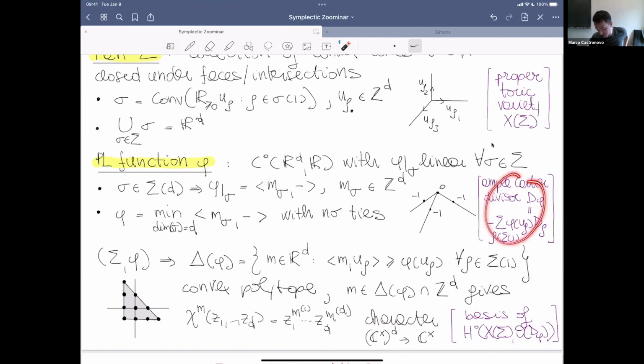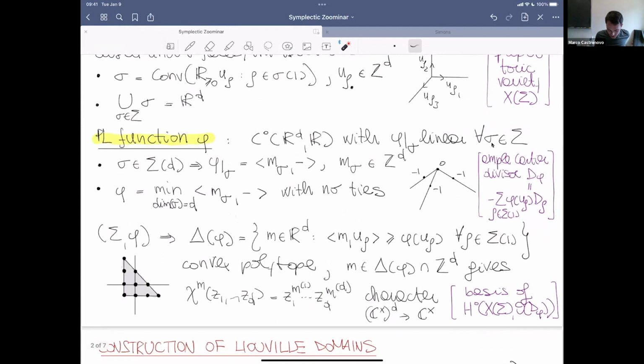Okay, and in toric geometry, this data is what enters in specifying a Cartier divisor on the toric compactification. Whenever you have this data, you can construct a convex polytope. It's the set of points whose product with each primitive generator u_rho is greater or equal than phi, your PL function, applied to the primitive generator.